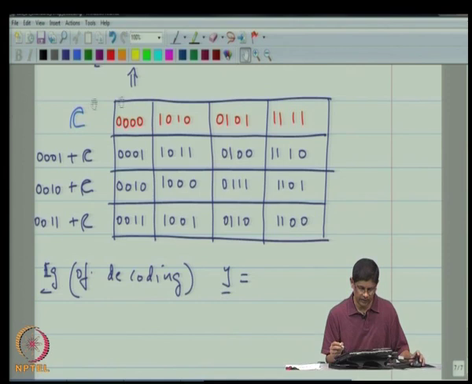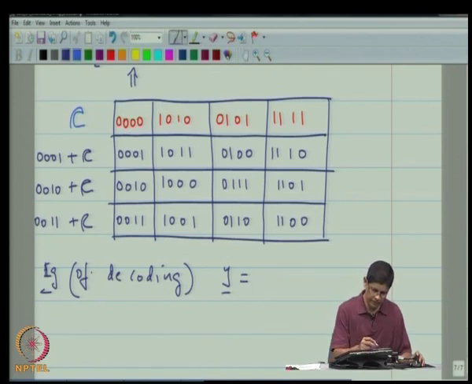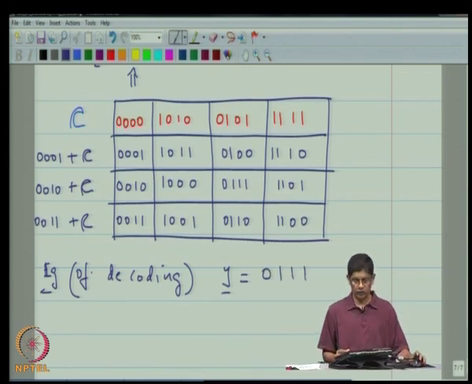So let us say that for instance this code word was transmitted, and let us say that the third symbol got corrupted. So meaning that y, what was received, is actually 0 1 1 1. So an error crept in the third symbol. Okay. So now how does decoding proceed?